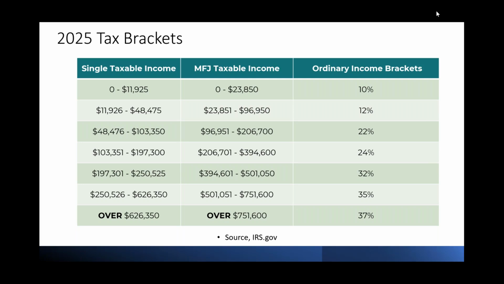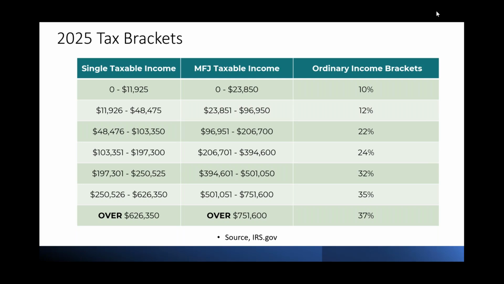Now, those are called marginal tax brackets because you pay a little bit of tax in each one of those tax brackets. So here's an example. A misconception about tax planning is if I am in the 22% tax bracket, then I'm paying 22% on my income. And that's just not true. What you're actually paying is what's called your effective tax rate, and if you're taking notes, I'd probably write this one down.